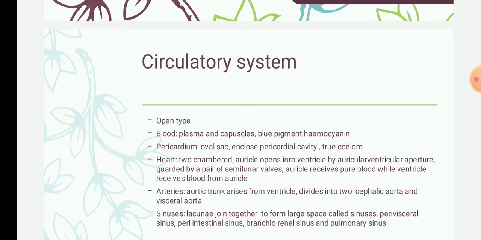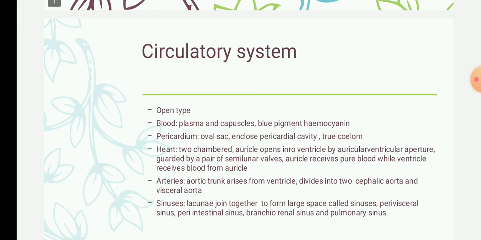The auricle receives pure blood from three main veins: the afferent ctenidial vein, which brings blood from the gills; the efferent pulmonary vein, which brings the blood from the lungs; and the efferent renal vein, which brings the blood from the posterior renal chamber.